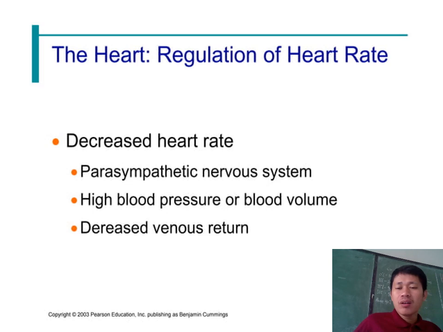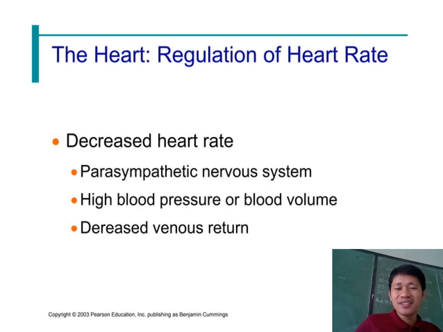How about activities or instances wherein the heart rate decreases? Parasympathetic nervous system: when we are relaxed, when we are sleeping, probably when we are watching TV, watching Netflix, when we are drinking a lemonade in the seashore.